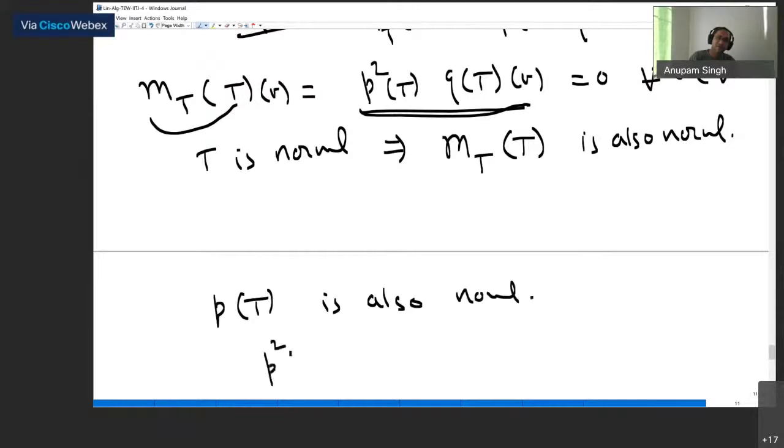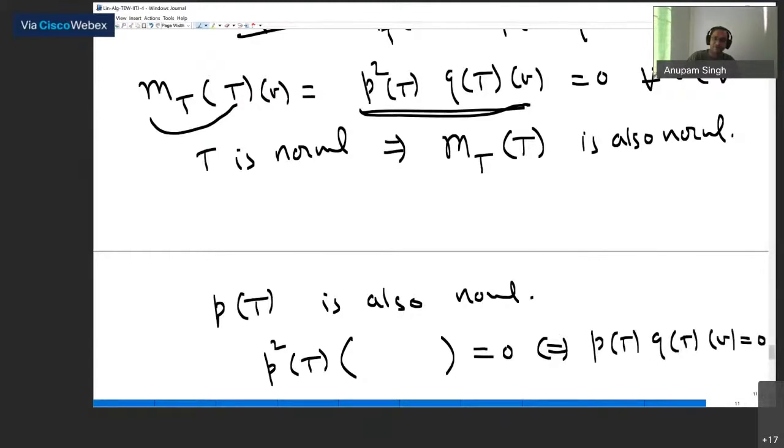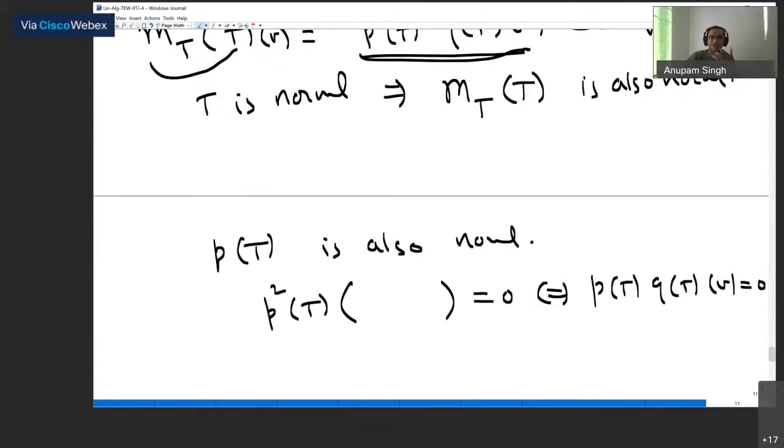and P^2(T) of something is 0 if and only if, this is what we proved, T^2 of something is 0, then if and only if T of v is 0. Kernel of P^2(T) and kernel of P(T) are the same. So this will mean that P(T) Q(T) of v is 0. I'm applying the previous property which I proved just now, that the kernel of T square is the same as the kernel of T. So instead of T, I am taking P(T) as my normal operator.